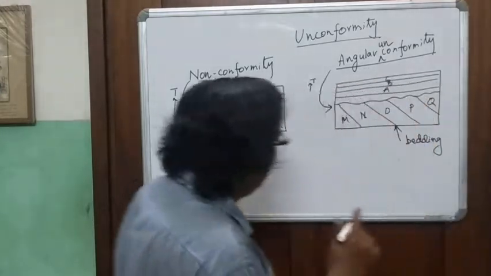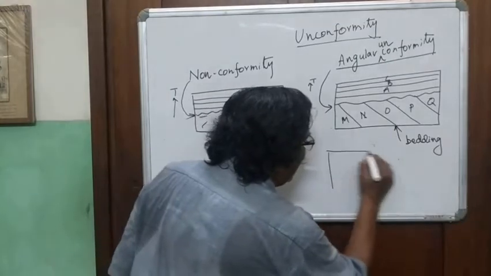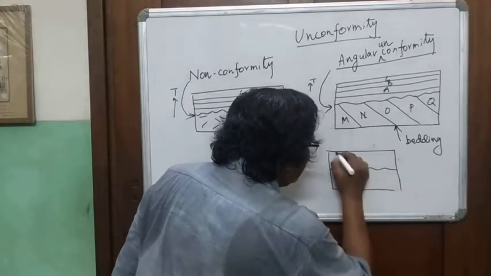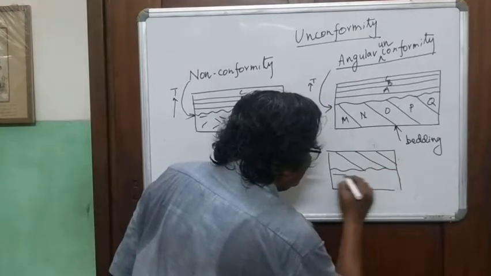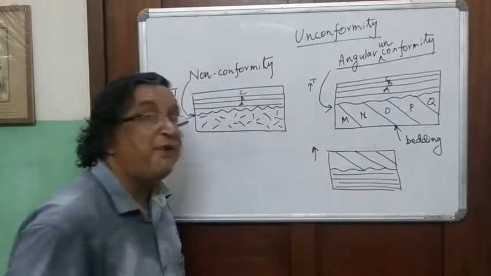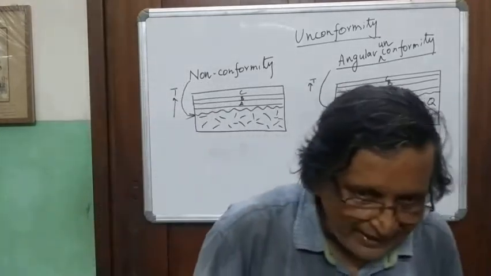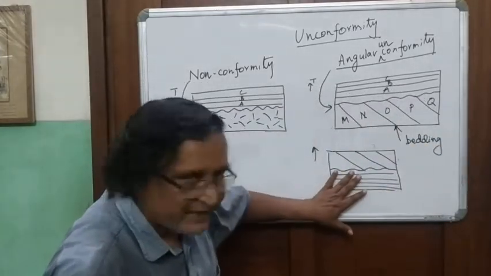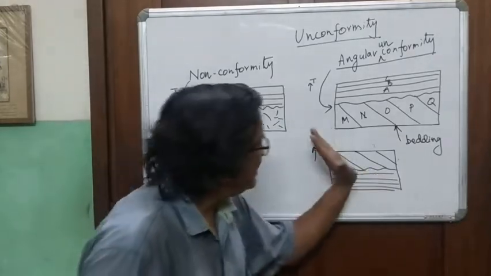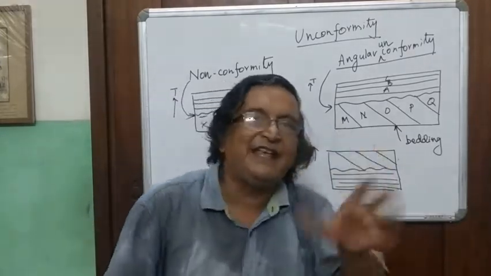So say, for example, if I draw a situation like this, and this is top, it is impossible. Why? Because these are the older sediments. The older sediments are horizontal, but younger sediments are inclined. It cannot be.